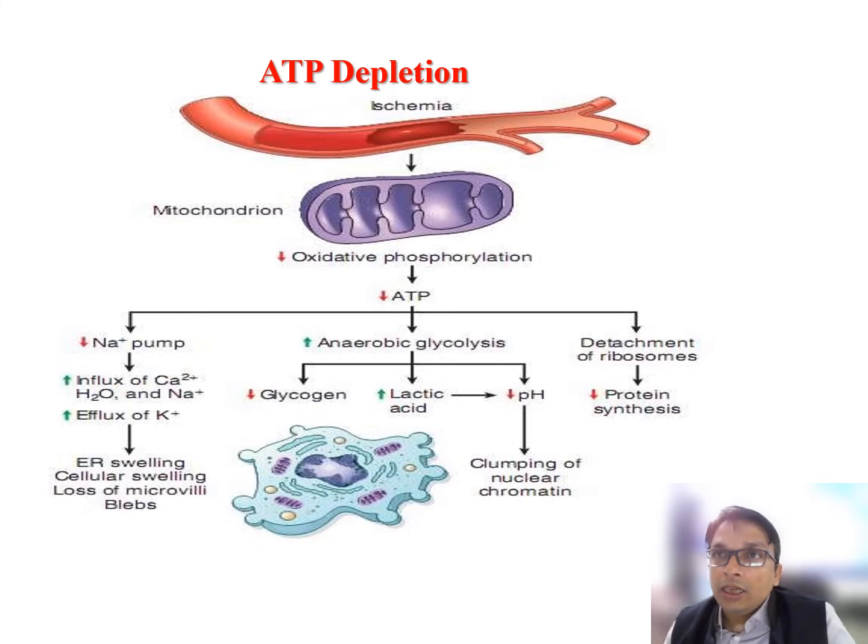And ultimately, the ATP molecules which are being synthesized in the cell through the mitochondria are also reduced. If the ATP molecule produced in the mitochondria is reduced, the cell's metabolic need is not fulfilled.